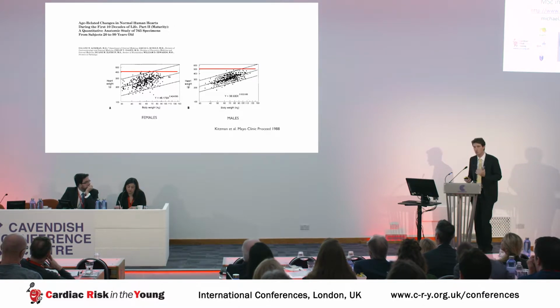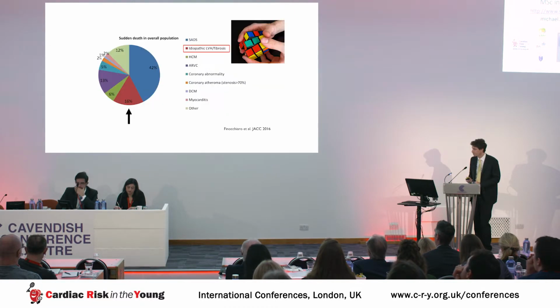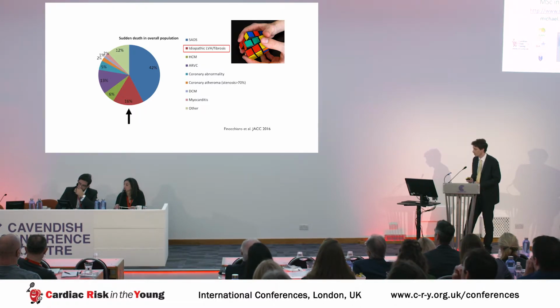Kitzman described the normal heart weight in males and females, and also some nomograms according to body weight. We see that generally in females the threshold is 400 grams, and in males 500 grams.